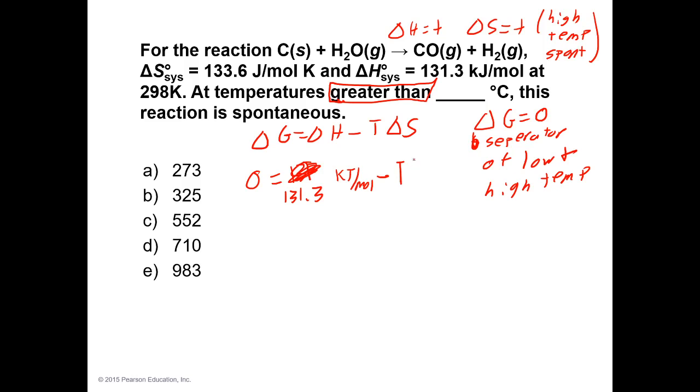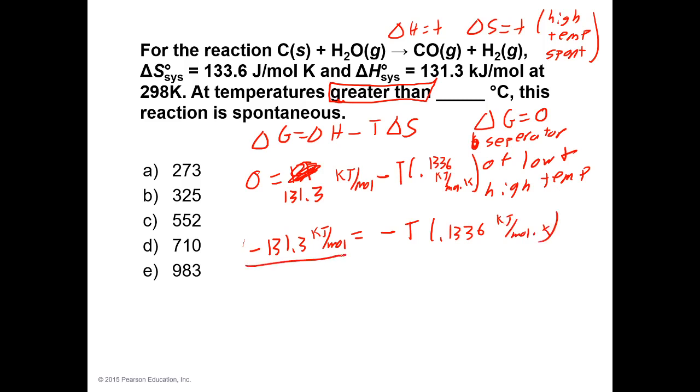So my delta S is going to be 0.1336 kilojoules per mole Kelvin. Now I'm going to move this 131.3 over. So I'm going to get negative 131.3 kilojoules per mole equals negative T times 0.1336 kilojoules per mole Kelvin.